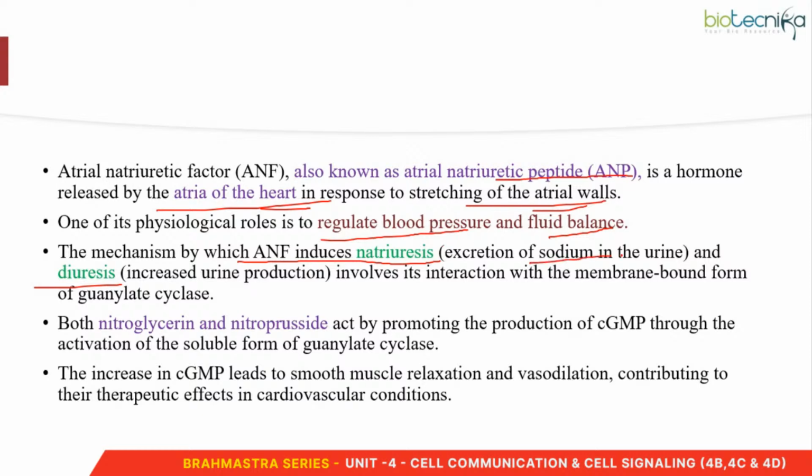Excretion of sodium in the urine is natriuresis and increased urine production is diuresis. They are involved with the membrane bound form of GC. And both nitroglycerin and nitroprusside are involved in the production of cGMP through the soluble form of GC. So the increase in cGMP levels causes relaxation and vasodilation, causing a therapeutic effect in cardiovascular conditions.